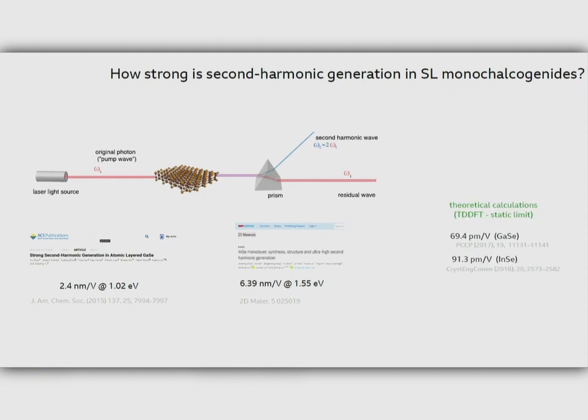On the other hand, the existing theoretical works were predicting values that were very much in line with the bulk counterpart. However, those were done in the static limit, and also without excitonic effects. So we were wondering whether this huge difference of two orders of magnitude is due to some excitonic resonance.